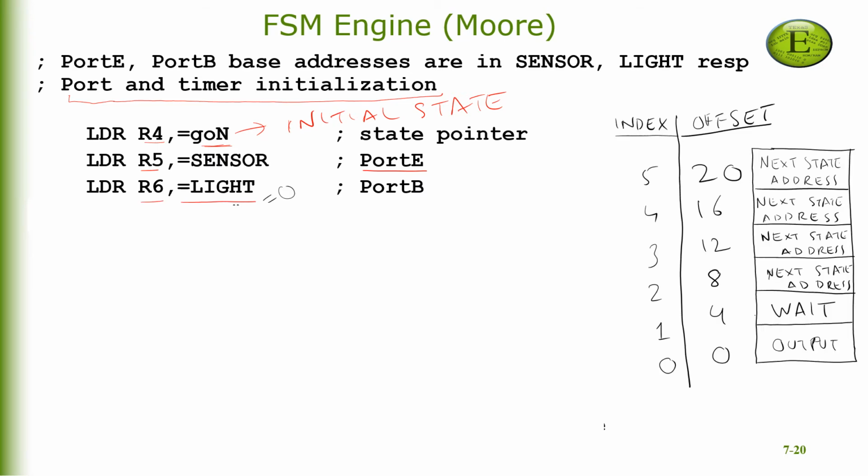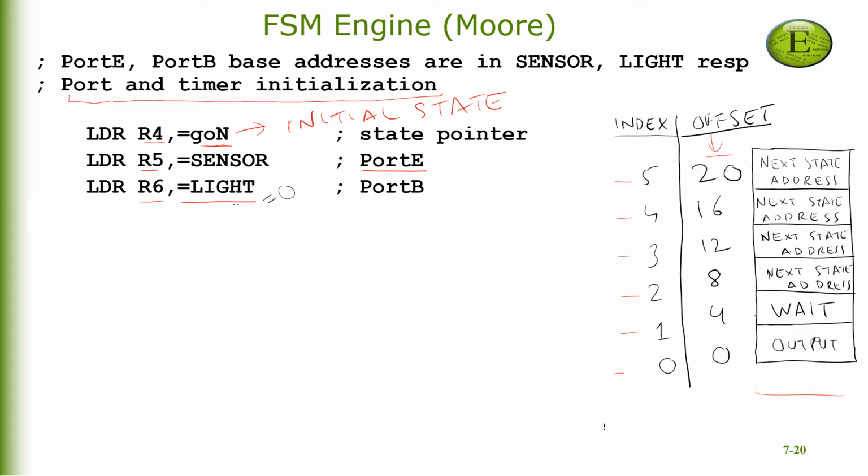Then, in order to understand the code, I'm giving an example of how one of the arrays, GoN or GoE, wait N or wait E, whatever that is, that's stored in the memory, and it contains 6 elements, and each element has a unique index, 0, 1, 2, 3, 4, 5, and the corresponding offset addresses.